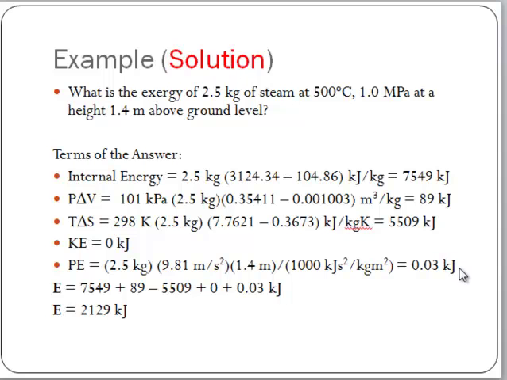Now this is very small compared to the others. There's not going to be a lot of energy gained by dropping steam 1.4 meters. Steam is a gas, and so moving a gas such a small height is really going to be a very minimal contribution. But I appropriately add or subtract these, and I come up with a value of 2,129 kilojoules.